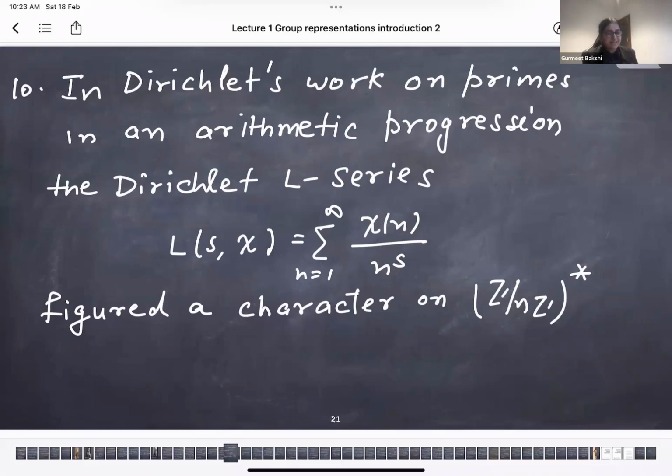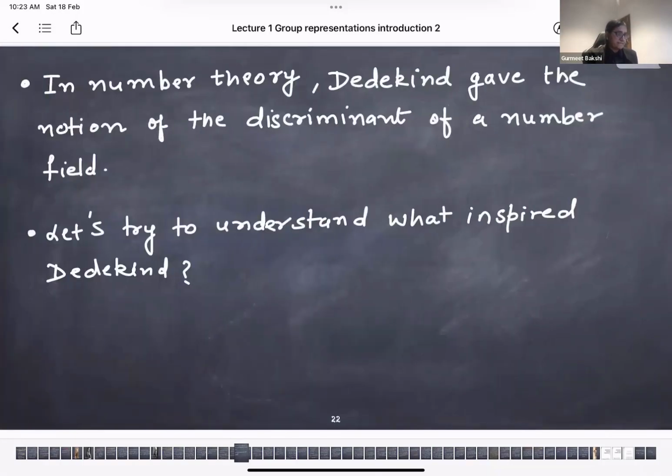First, characters were constructed, and representations were defined later. In Dirichlet's work on primes in an arithmetic progression, the Dirichlet L-series also has characters in its values. So there was a tradition of assigning numerical values to algebraic structures, and then these things were being studied.